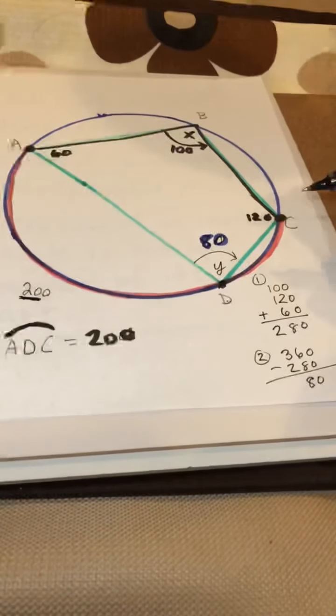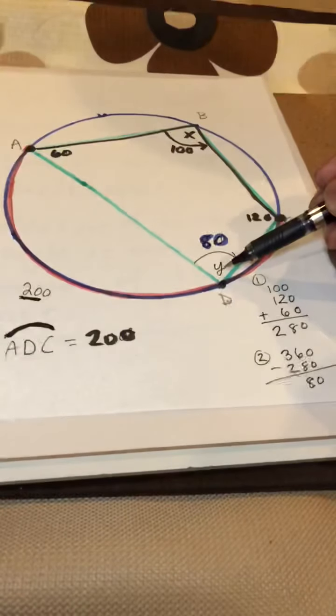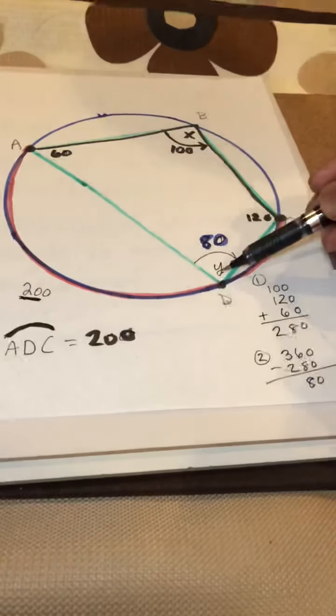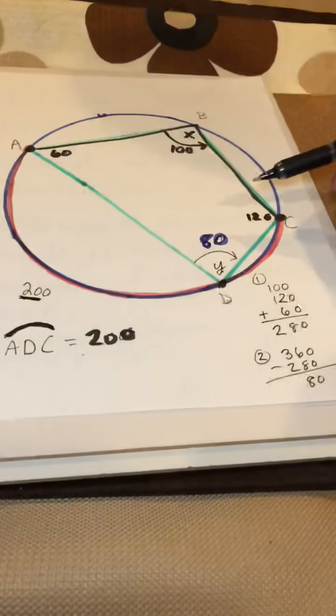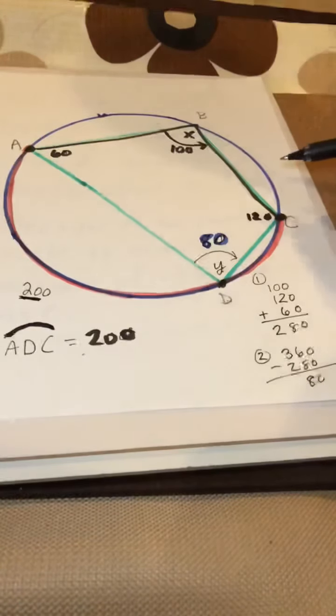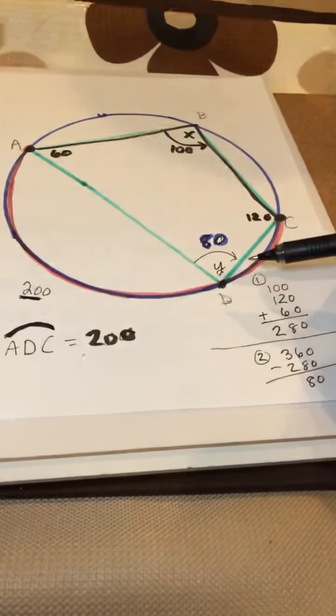So this could easily be a 2 or 4 point question where it may just say find y, but then you can't find y until you find x. So it's like a multi-step question. All right, so you have to think about that. You're not going to go directly to y sometimes.